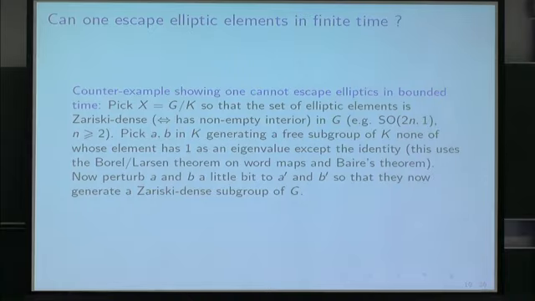Elliptic means that the eigenvalues have modulus 1. It's actually a set which is definable in real algebraic geometry, so Zariski dense here is equivalent to having non-empty interior. And this happens, for example, for SO(2,1).